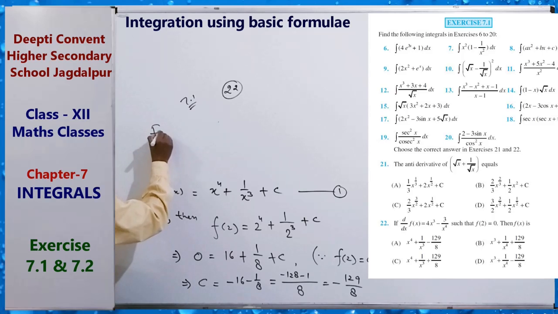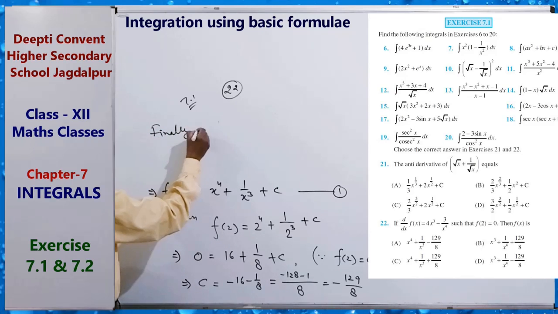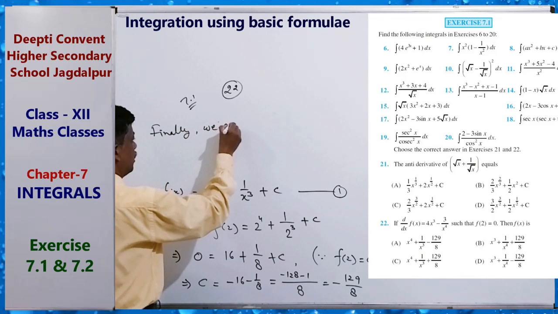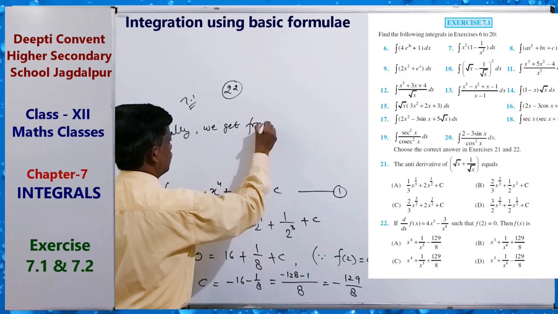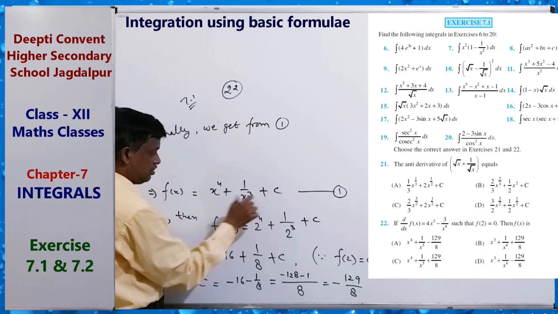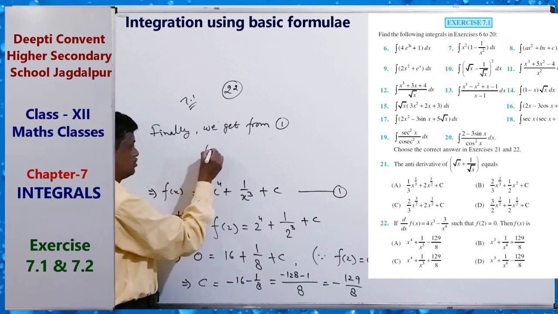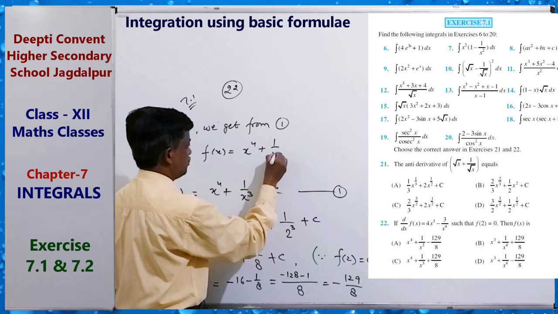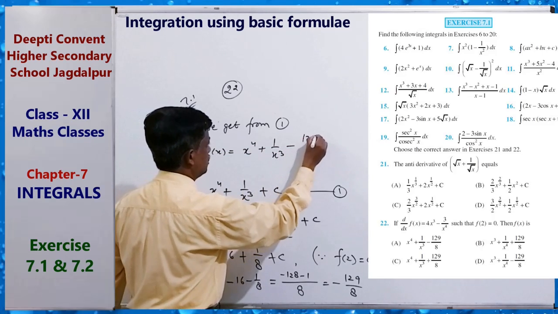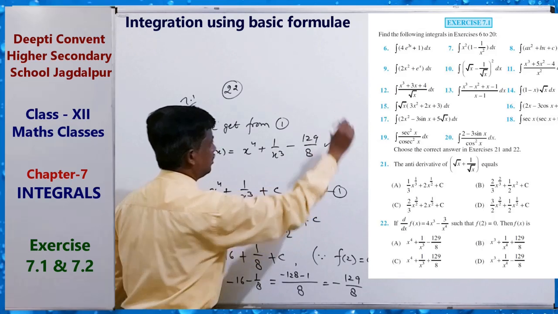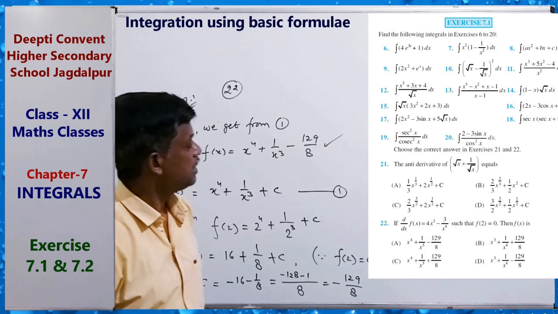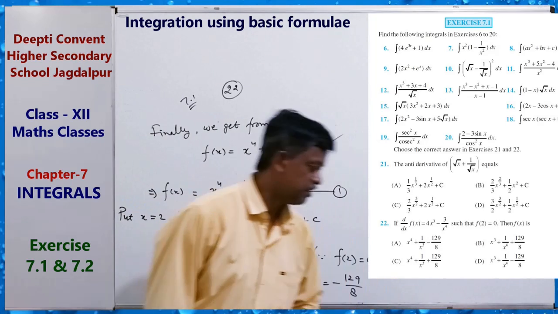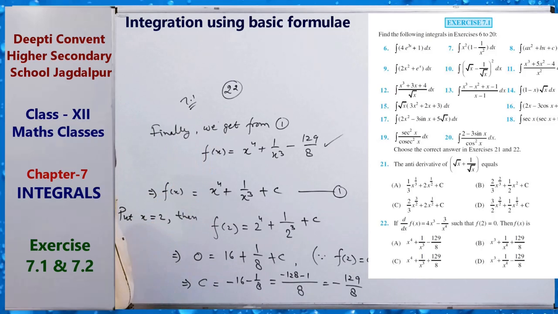So finally, from 1, f(x) equals x power 4 plus 1 by x power 3 minus 129 upon 8, and this is given in option A. A is the answer.